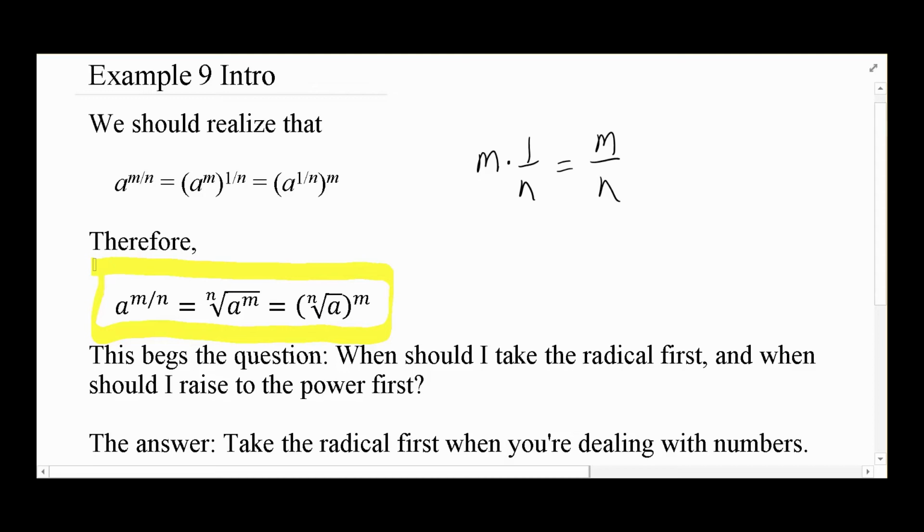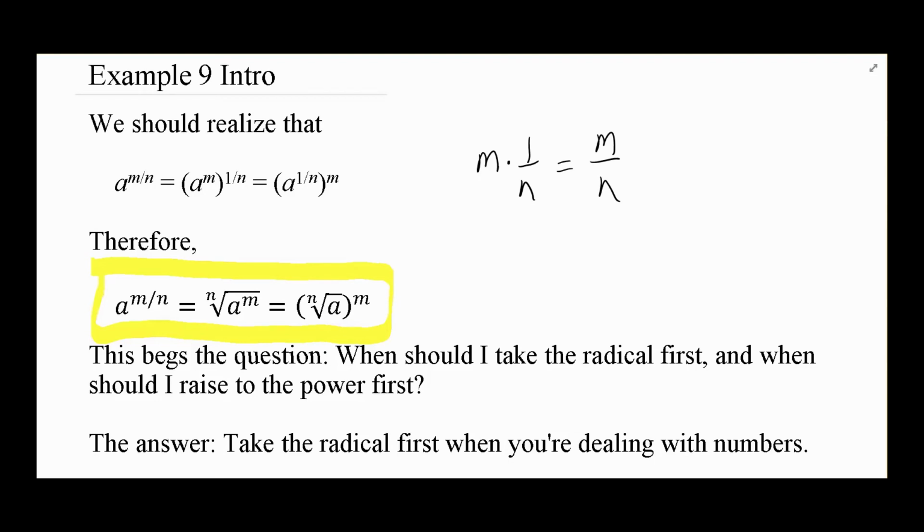Now that, of course, does beg the question, which one should you do? Should you take the radical and then raise it to the power, or should you raise it to the power and then the radical? Now, you can see that the one with parentheses looks a little bit messier, but if you take the radical first, you're making it smaller first. Then you raise it to a power, you're making it bigger.